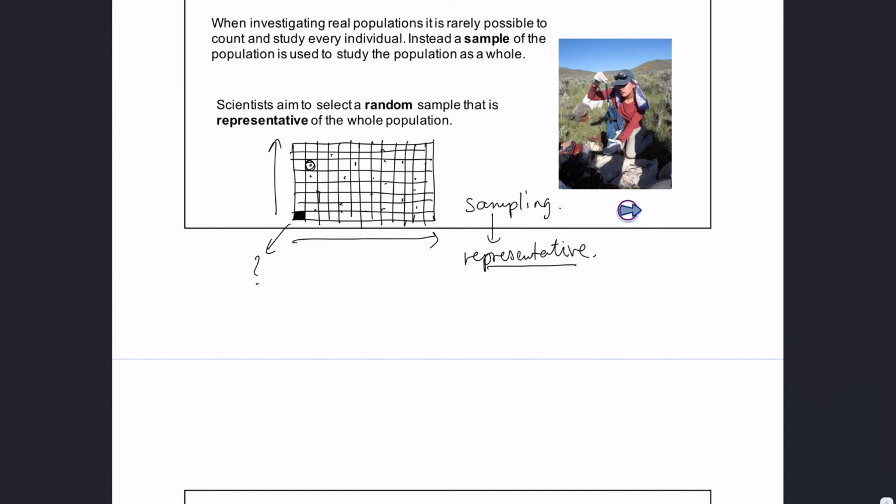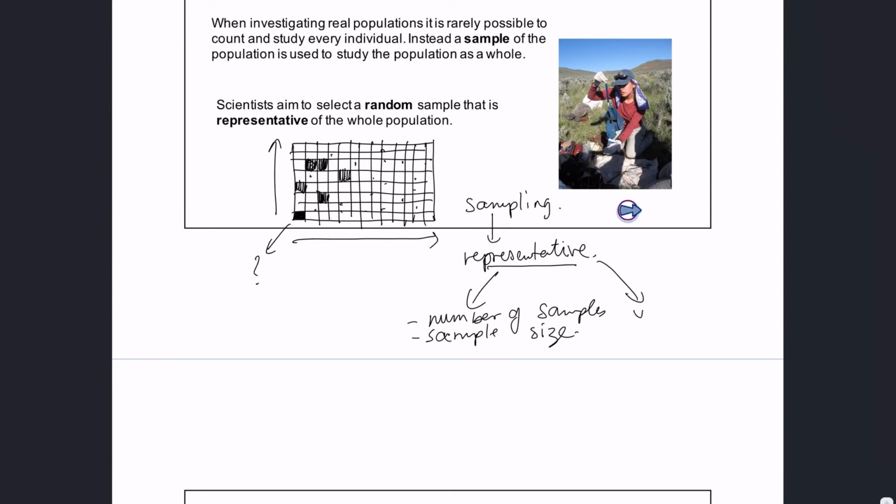There's probably a certain number of times that I would need to repeat this quadrat randomly until I recorded some daisies. So the number of quadrats it takes to get a representative sample is one consideration: the number of samples, or sample size. Sample size is a big factor in whether that sample is representative or not.